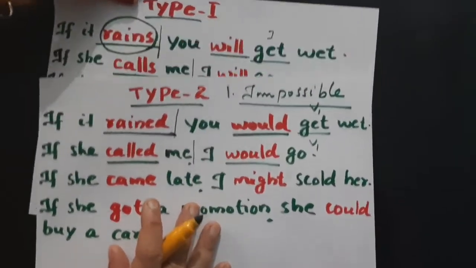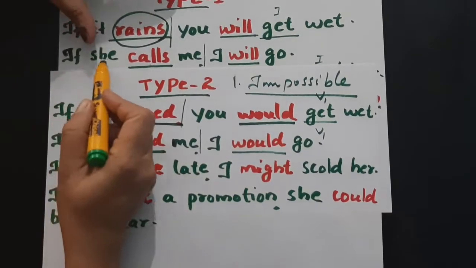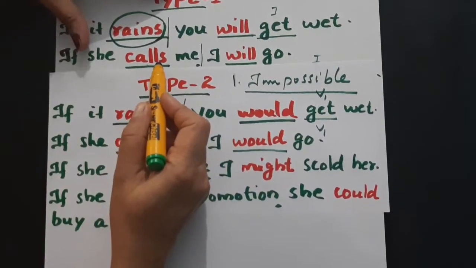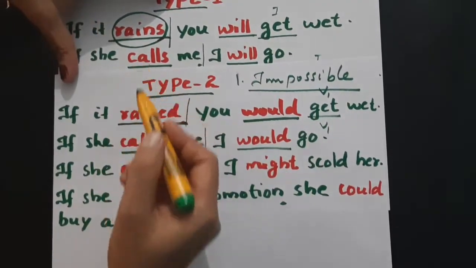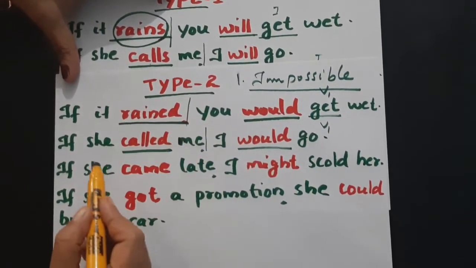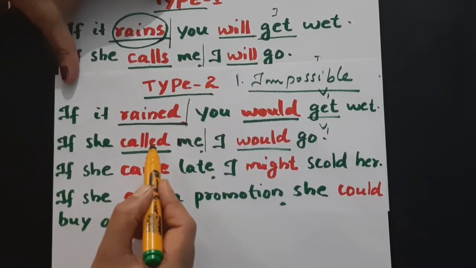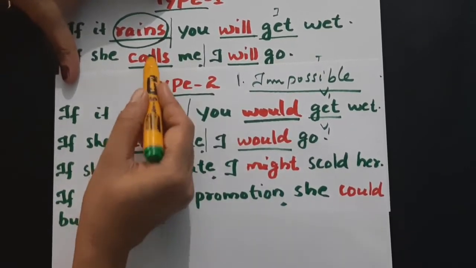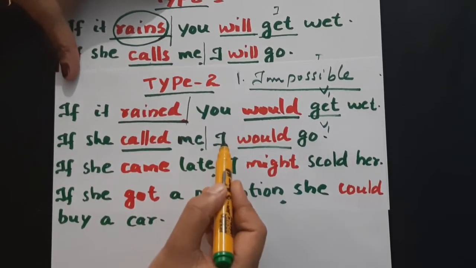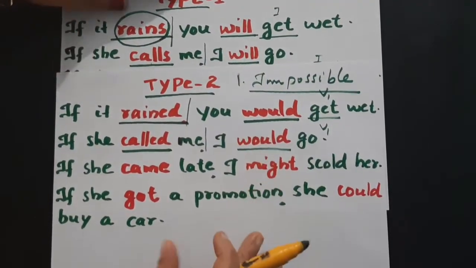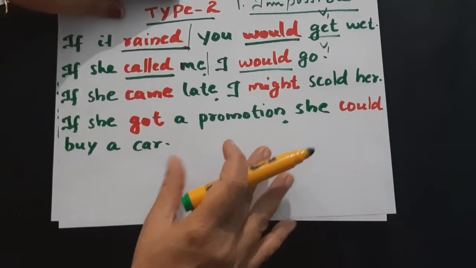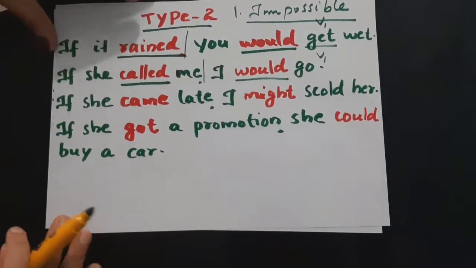See, in the previous example, if she calls me, present tense, I will go. The same example is here: if she called me, I, instead of will, what you get here is would. I would go. Okay, that is it.